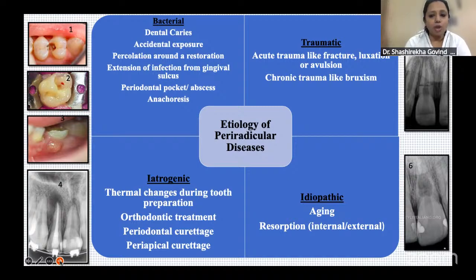Next is bruxism or trauma from occlusion, then iatrogenic thermal changes during tooth preparation, orthodontic treatment, periodontal curettage, and periapical curettage. The idiopathic cause is aging, as with age the circulation reduces. Then comes resorption, internal and external.